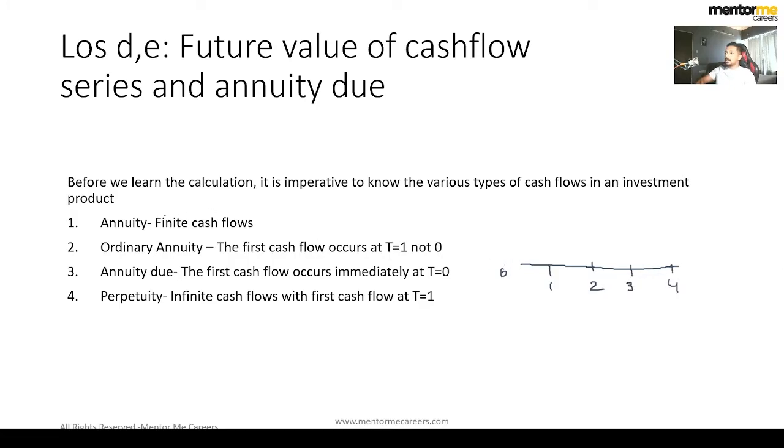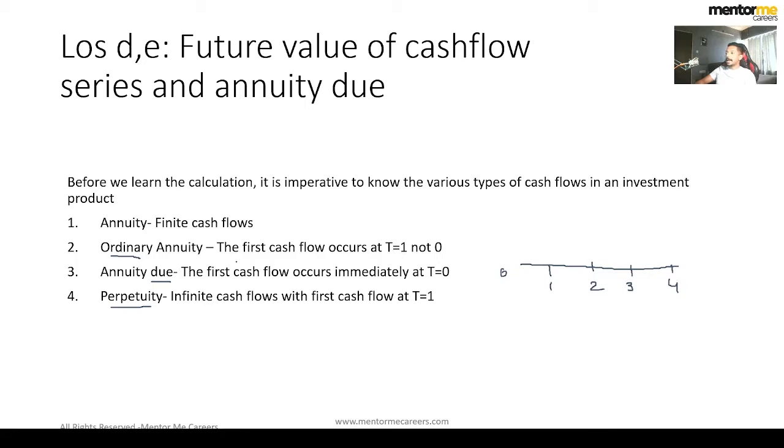So if we are talking about annuity, under normal circumstances, the cash flows are going to reoccur for some finite time. Then you will see ordinary annuity or annuity due. So the keyword to look out for is ordinary or due. And then there is perpetuity. So these are the only three kinds of cash flows which actually exist, right?